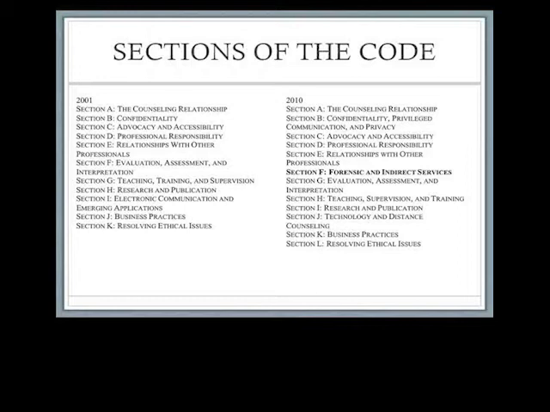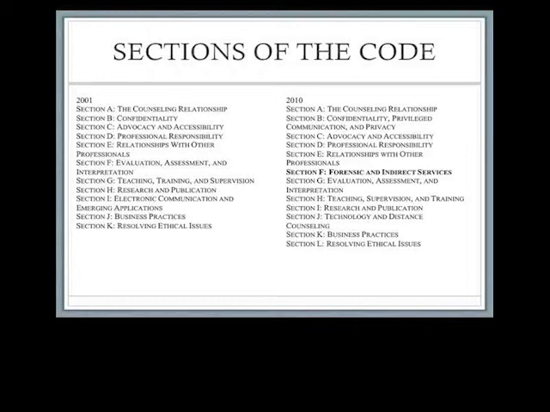What we will see, though, for those of you who are familiar with the old code, and what we'll talk about for those of you who are entering this profession under the new code, is that the changes, and there are some fairly significant changes in the new revision to the code, are sometimes in the details and in the standards within the sections.